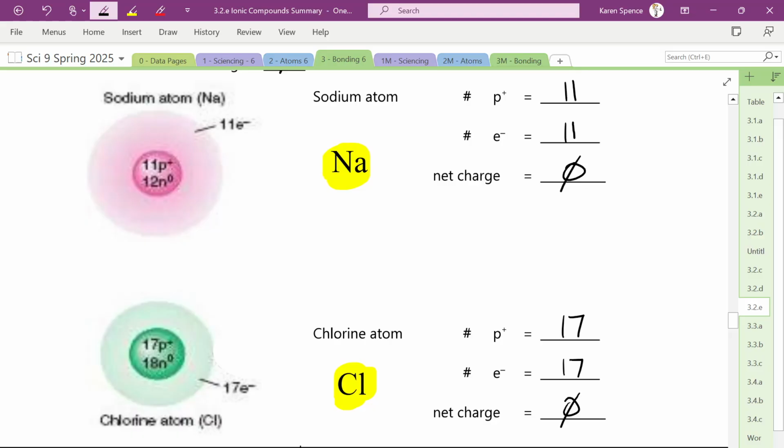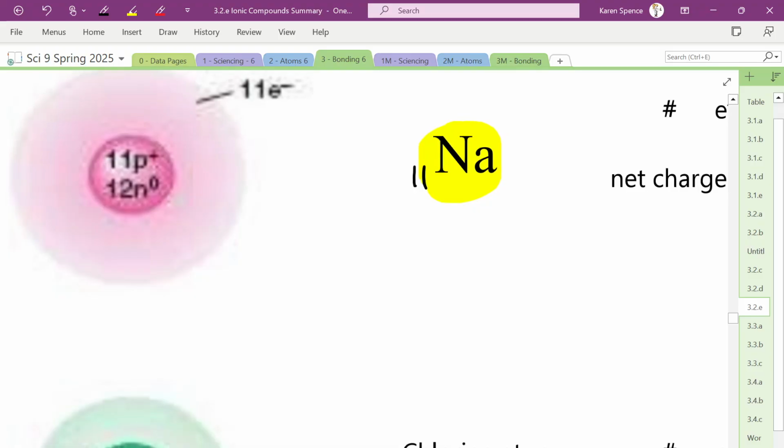Carson, do you know the atomic number of sodium? Yeah, 11. Beautiful. And Kimmy, do you know the mass number of sodium? The mass number is the protons plus the neutrons.